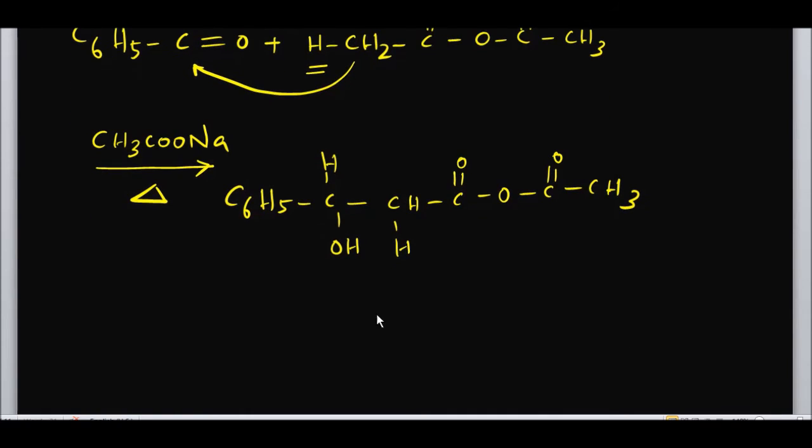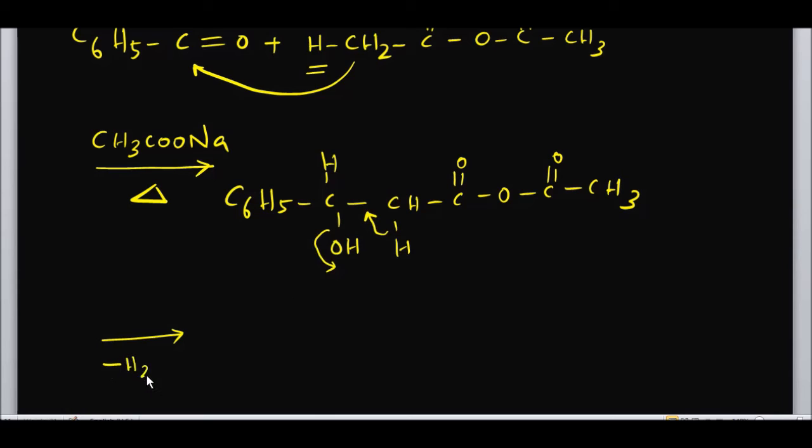After getting this intermediate, in the subsequent stage the result is as follows. It undergoes beta elimination, which means the hydrogen is removed and leaves as H plus, and subsequently OH is removed.